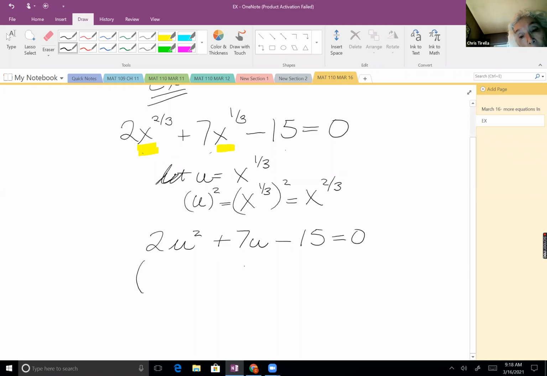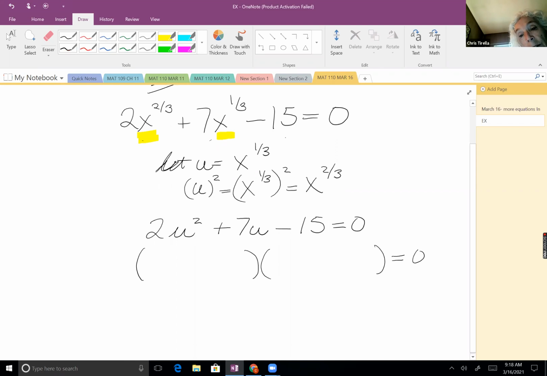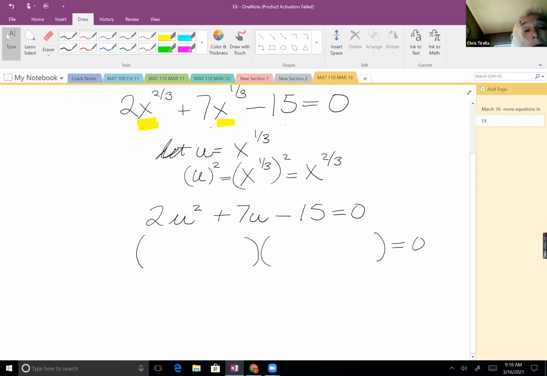Again, we could use any method to solve this quadratic, but I think this one's pretty factorable. If I look at 2u squared, I'll have 2u and u.